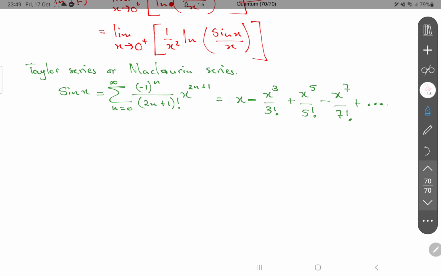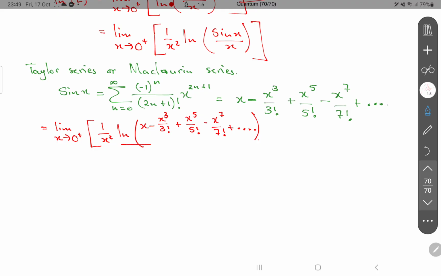So now let's put in for our sine. It's going to be the limit as x approaches 0 of 1 over x squared, the natural logarithm of the bracket x minus x cubed over 3 factorial plus x to the power 5 over 5 factorial minus x to the power 7 over 7 factorial plus on and on, all divided by x.